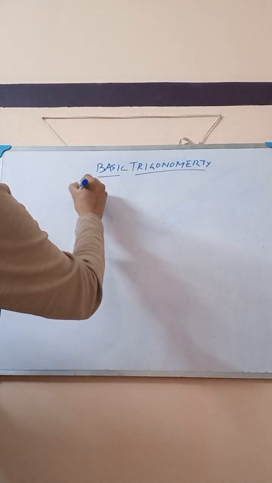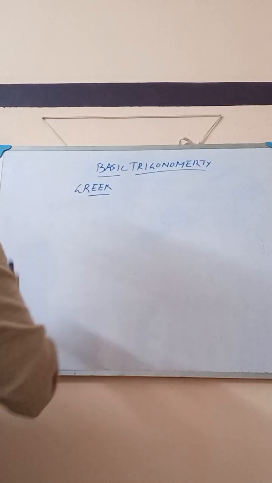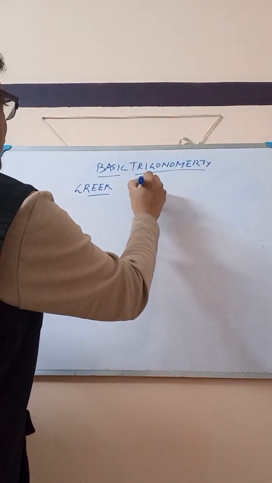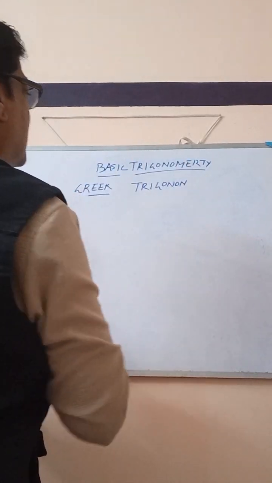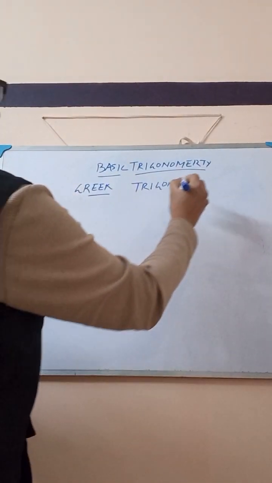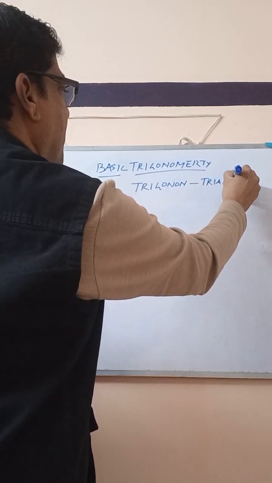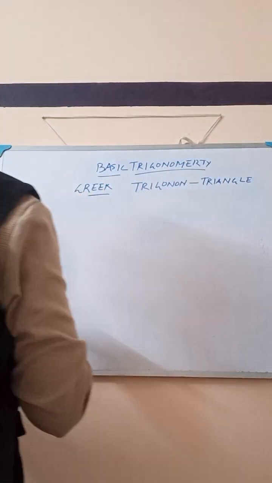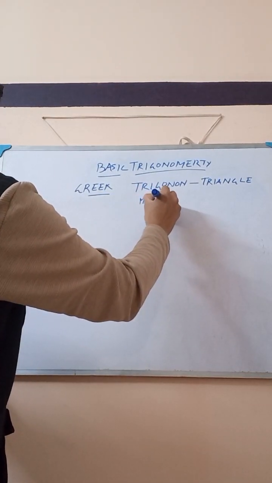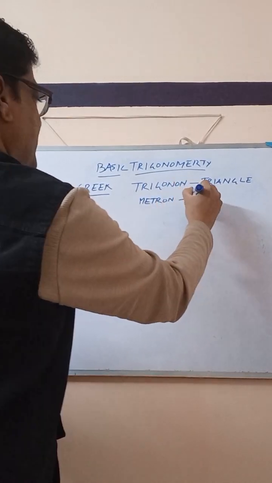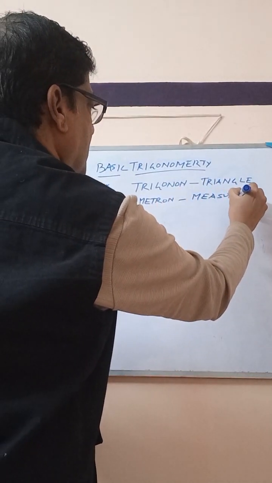Trigonometry originates from the Greek word trigonon, which means triangle, and metron, which means measure.